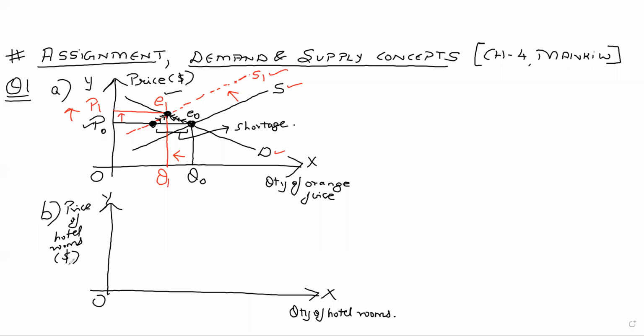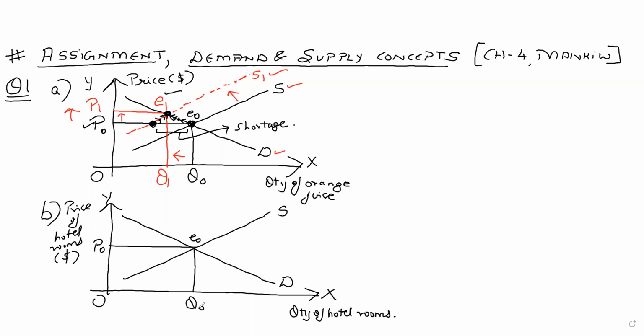Okay. Our initial demand curve, initial supply curve. This is our initial equilibrium E0, P0, Q0. Initial demand curve D0, initial supply curve S0. Here also I can take 0, D0, S0.